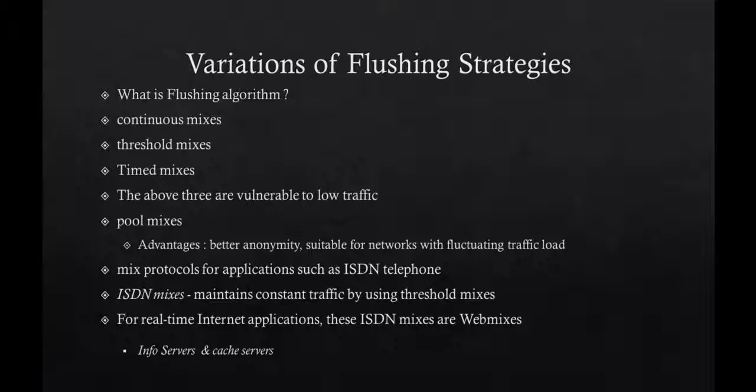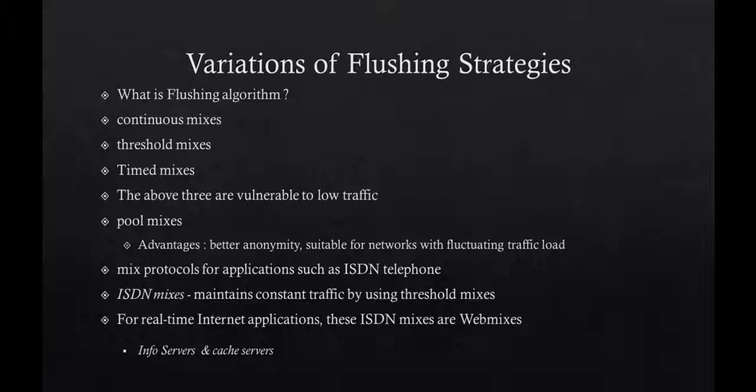We review some of the mix protocols for applications like ISDN, telephone, web browsing, and even anonymous emails. We'll see that one by one. ISDN mixers maintain a constant traffic by using threshold mixers.